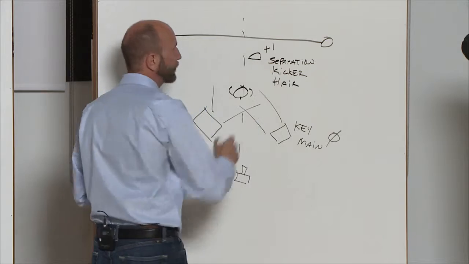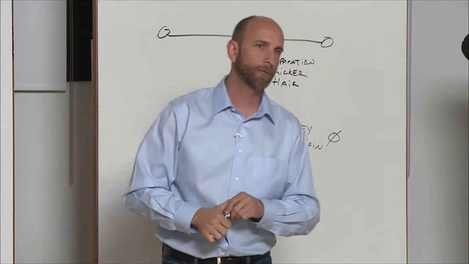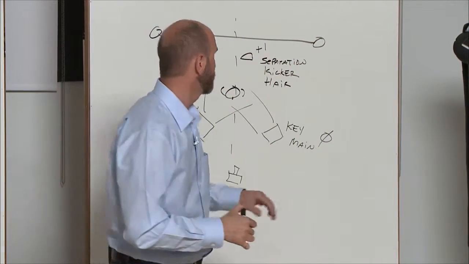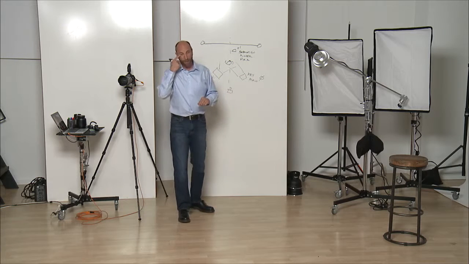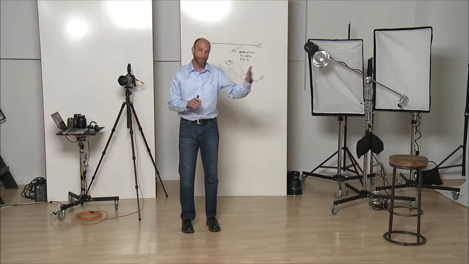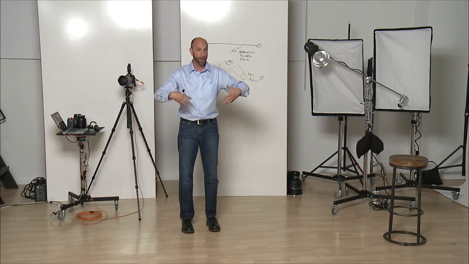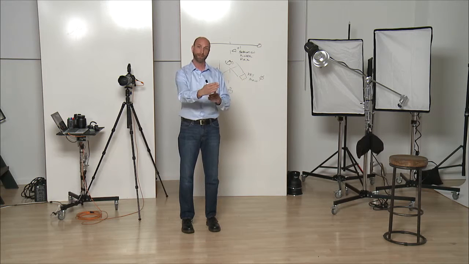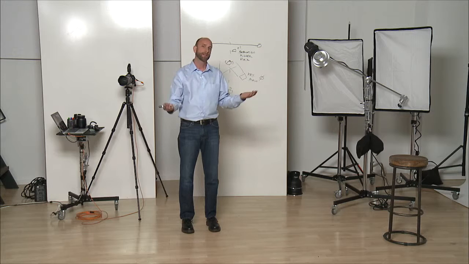And that +1, by the way, this is also called a hair light. So this can be called 3 different things. And let me tell you why I'll use 3 different terms for this light. So if I have a model that has really dark hair, or a subject that's really dark and a really dark background, and I'm throwing light on that to try to separate the subject from the background, I call it a separation light.